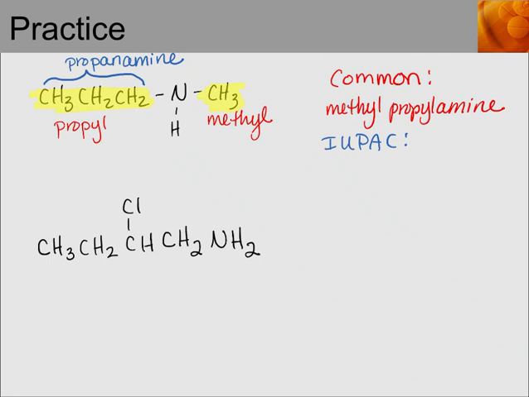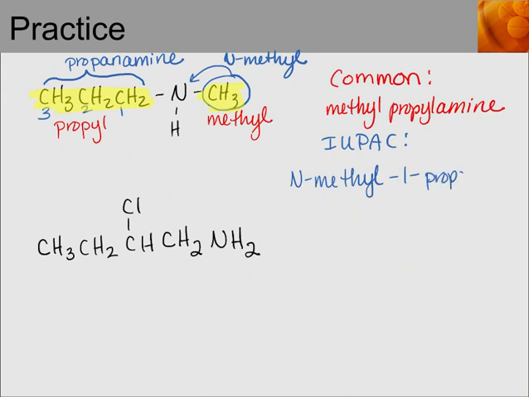And then we want to number the longest chain so that nitrogen has the lowest carbon number possible. So 1, 2, 3. And then we have this methyl group attached to nitrogen. So that would be N-methyl. So putting it all together, we've got N-methyl-1-propanamine.